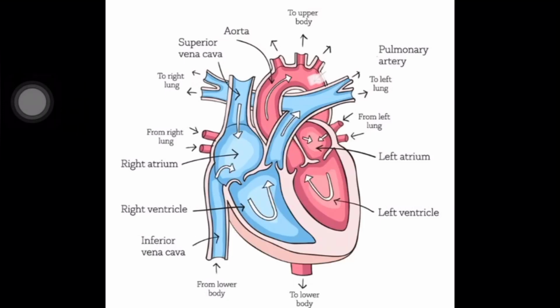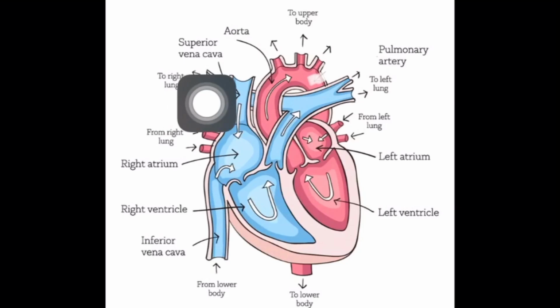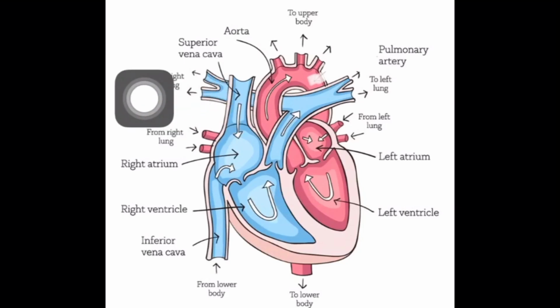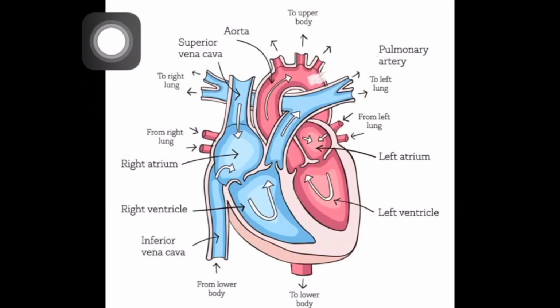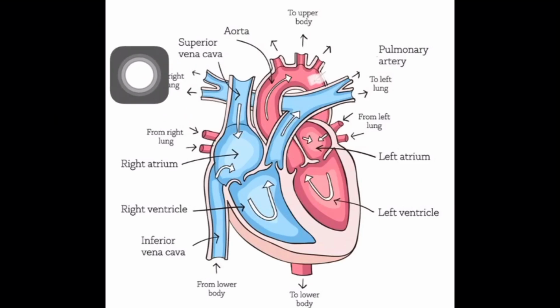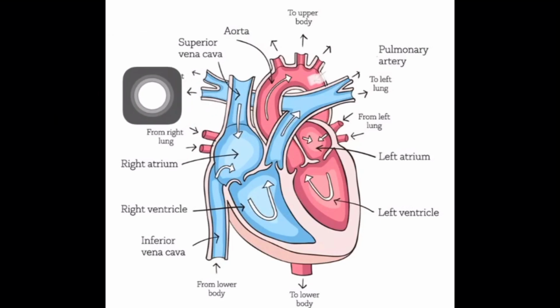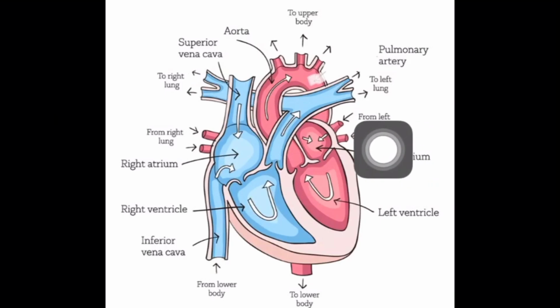The lungs filter the carbon dioxide from the impure blood and mix it with the oxygen that you absorb by breathing. After mixing with oxygen, the blood is sent to the heart through the pulmonary veins, shown here in red.